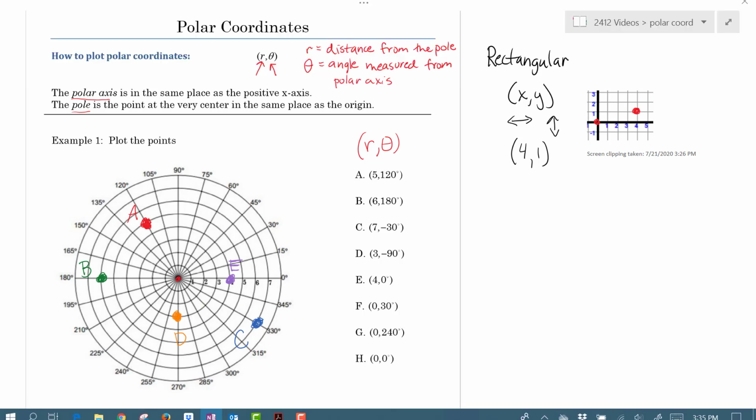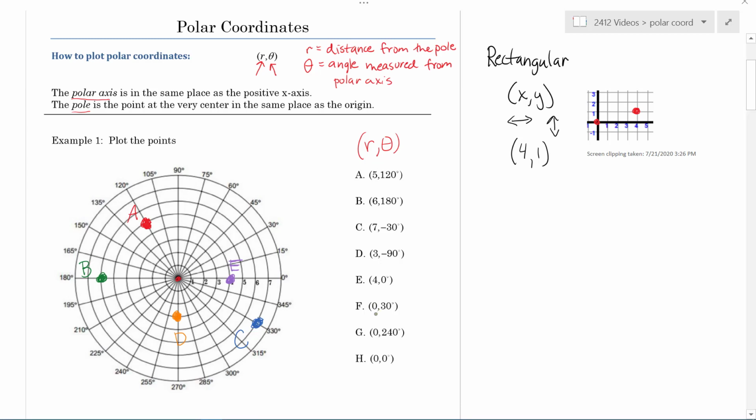Okay, let's look at point F. Okay, so point F says the R value is 0. If the R value is 0, that means I'm going to move 0 units away from the pole. So if I'm at the pole, and I don't move anywhere away from the pole, so go 0 units away from the pole, then I'm staying at the pole. It does not matter what the angle measure is.